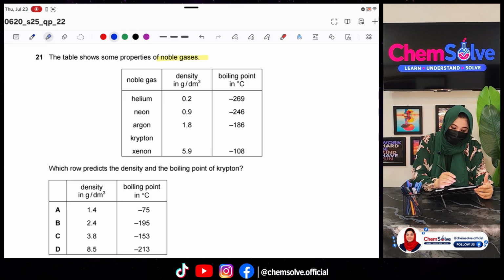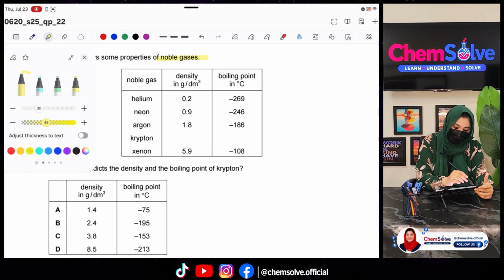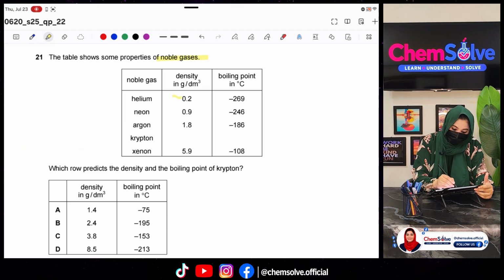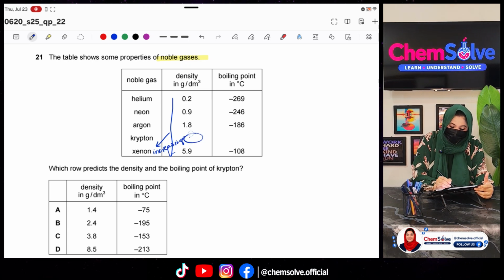Density is increasing as we move down. Density is increasing while coming down.